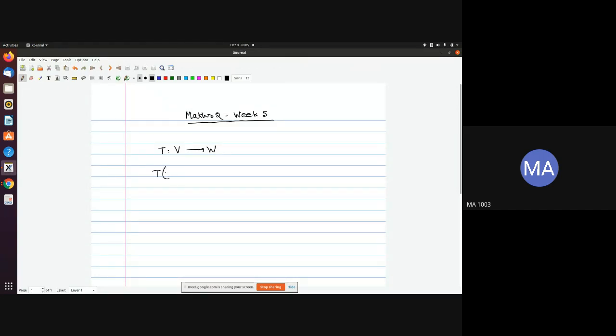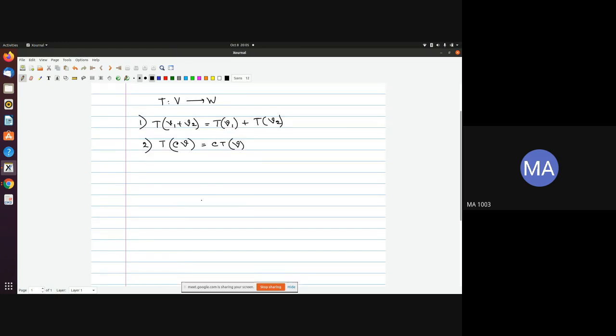If I take two vectors from V, two inputs, and add them, I get a new vector v1 plus v2, and the images of these two vectors, T v1 and T v2, are in W. There is addition in W. If I add those, these two images should be the same. That is one thing we are demanding. And the second one is that T of c v should be c times T of v. These two properties we need.